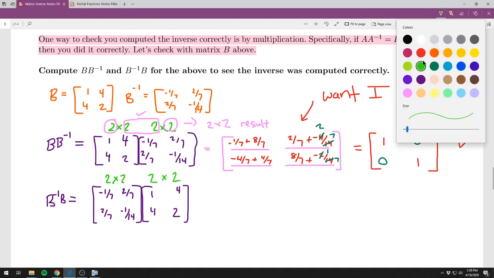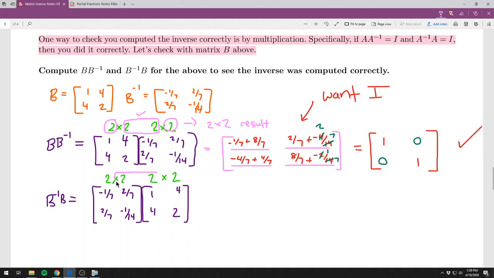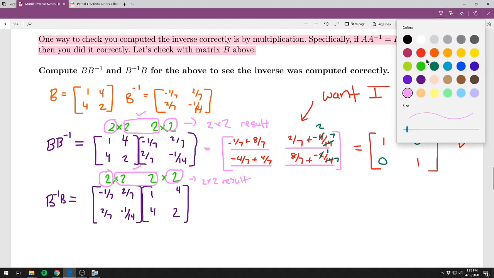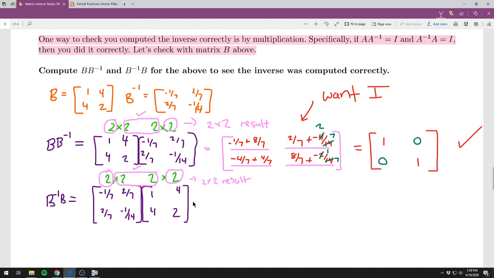So the inside numbers here are both 2. They work out, and the outside numbers tell us the result is going to be a 2 by 2 matrix. Once again, it's a good idea to practice the multiplication anyway, and all the little steps that go into it.